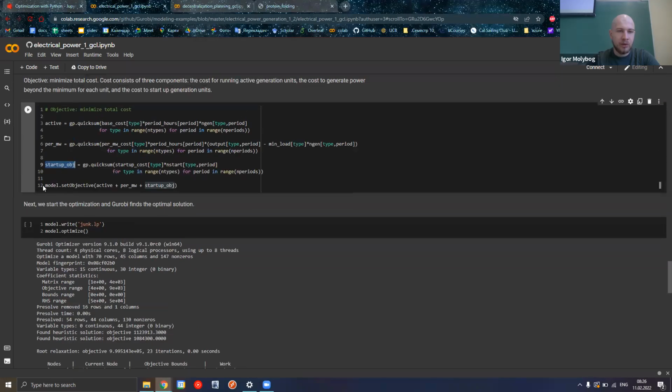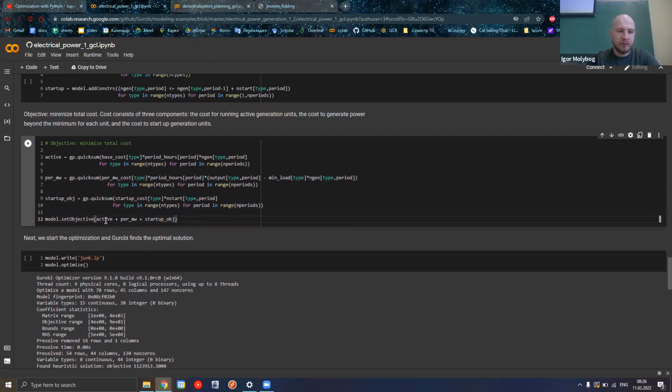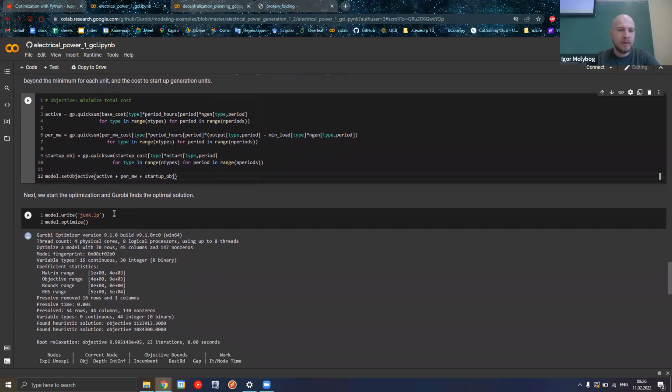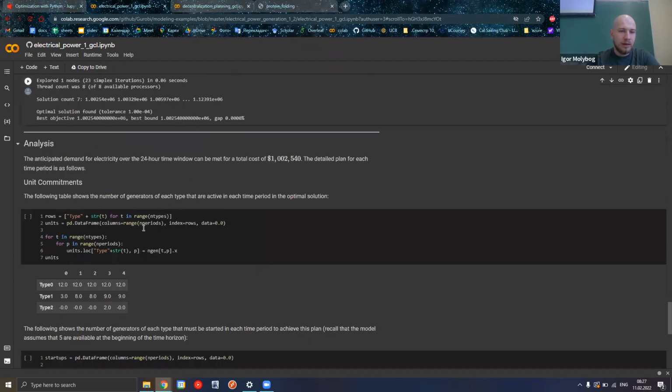And now our eventual objective is just the sum of the three. You can also specify that you would like to minimize, but it's assumed by default, so you don't need to specify anything in this particular case. And now you can write down the model and optimize it.